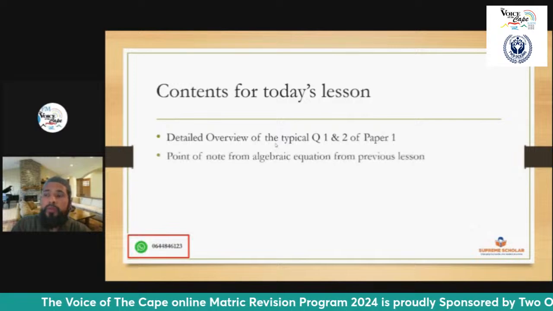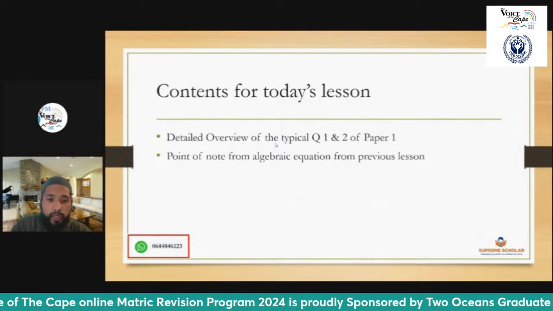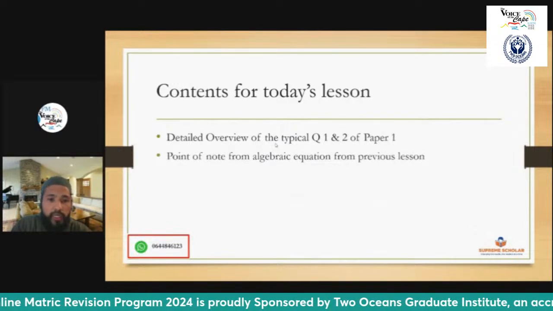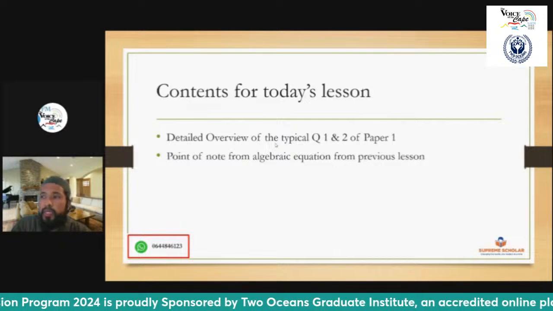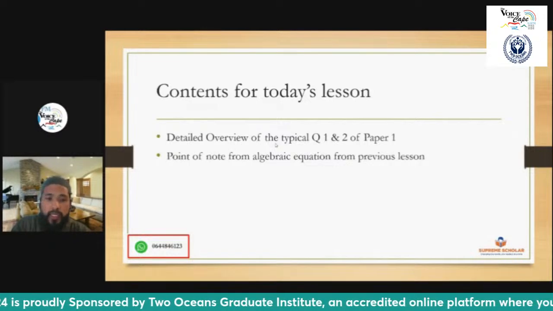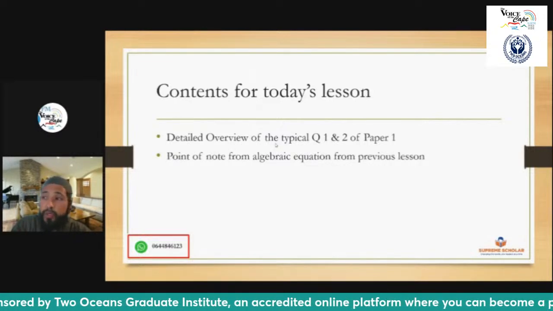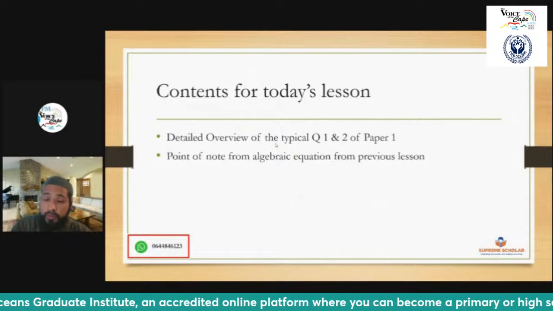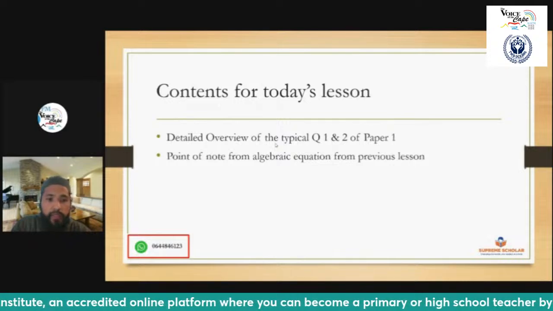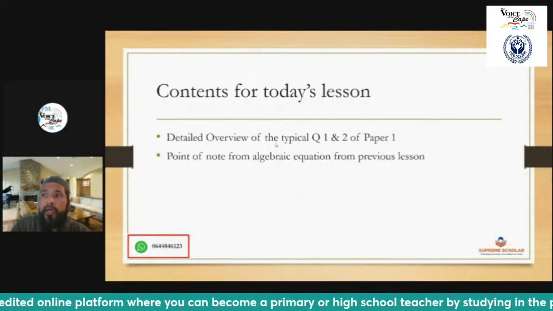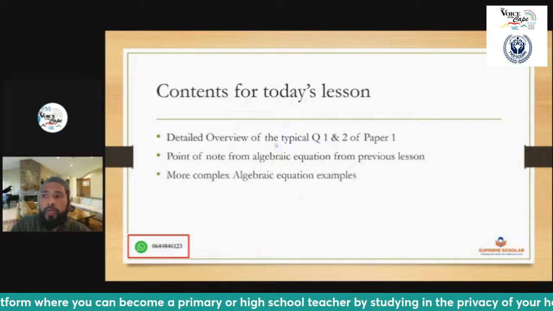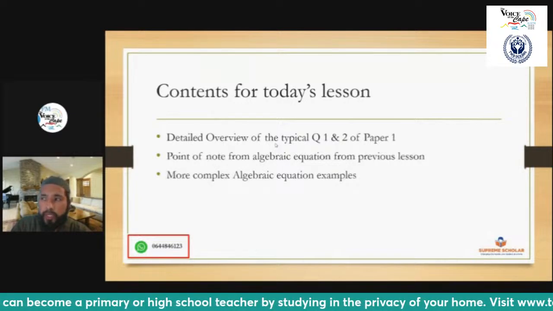Then one of my students pointed out that there was something we mentioned in the previous lesson that I need to clarify, so just a point of note from the algebraic equation from the previous lesson. And then we're going to be looking into some more complex algebraic equation examples.